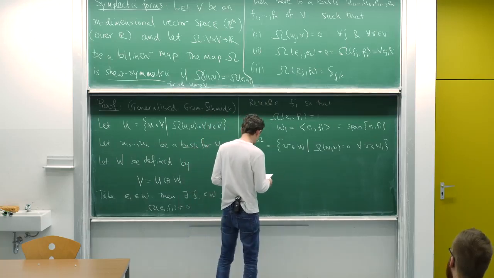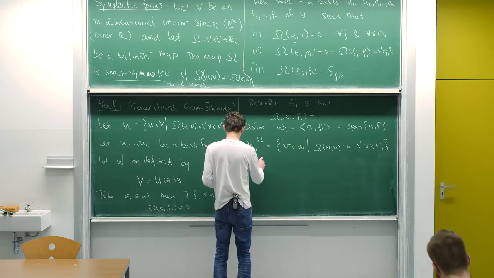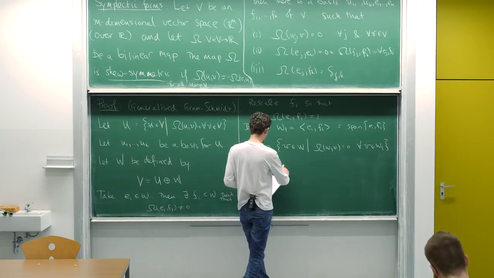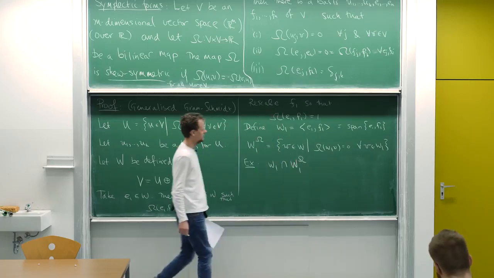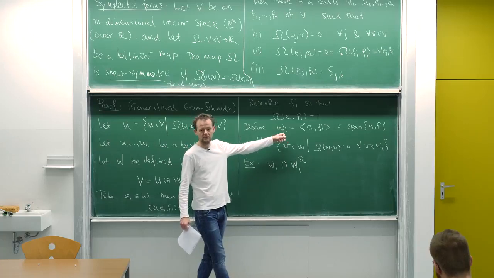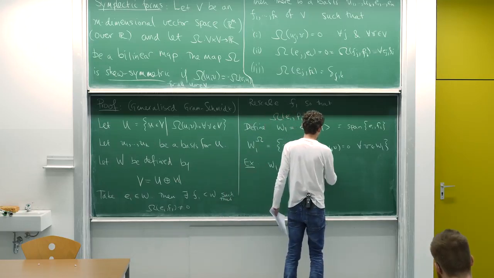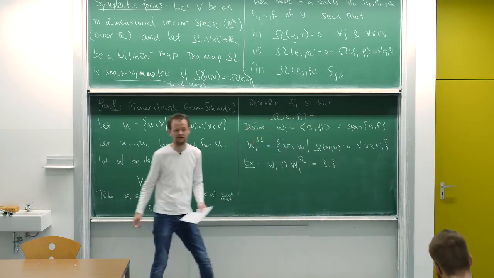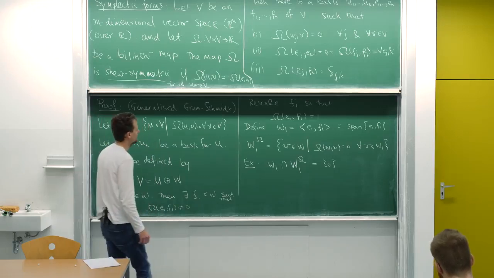Now, there are some little exercises for you, just to keep you awake. Firstly, if you compute the intersection between W1 omega and W1, if it was like an orthocomplement, you'd better hope that this is 0, right? And indeed, the exercise tells us that that's the case. Certainly imagine how this argument might go.